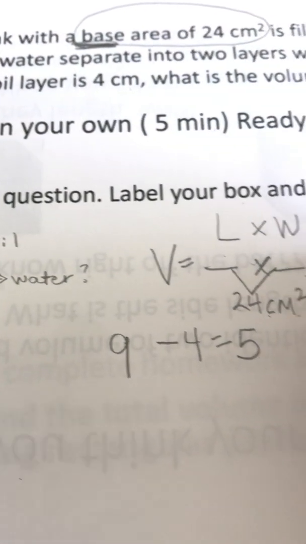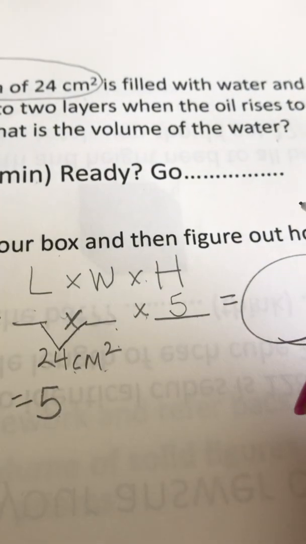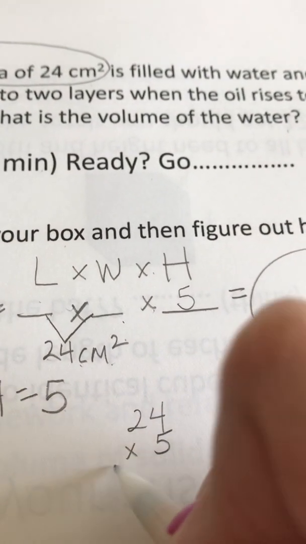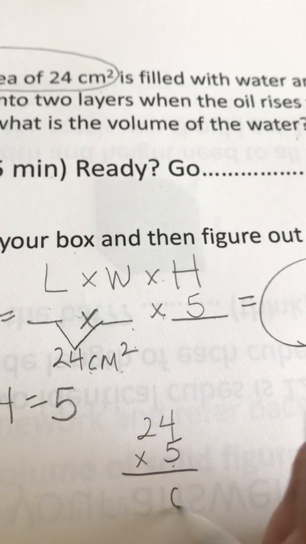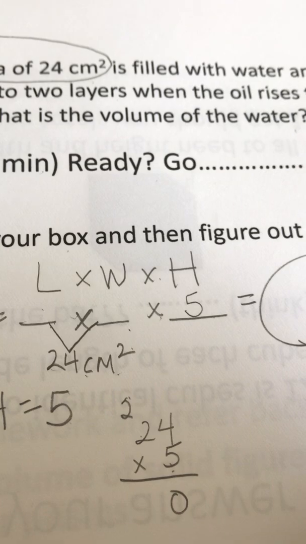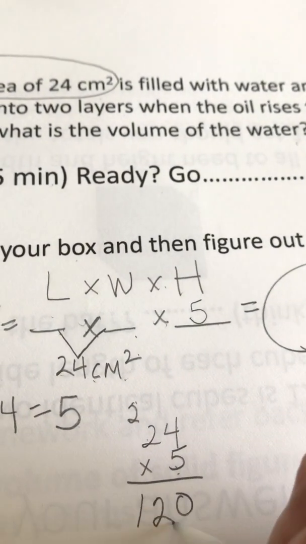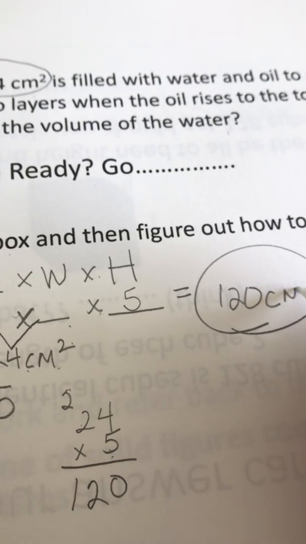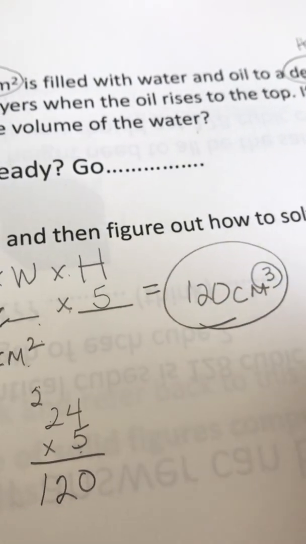So we're going to plug in 5. Now I have 24 times 5. 20, 10 plus 2, 120 centimeters cubed.